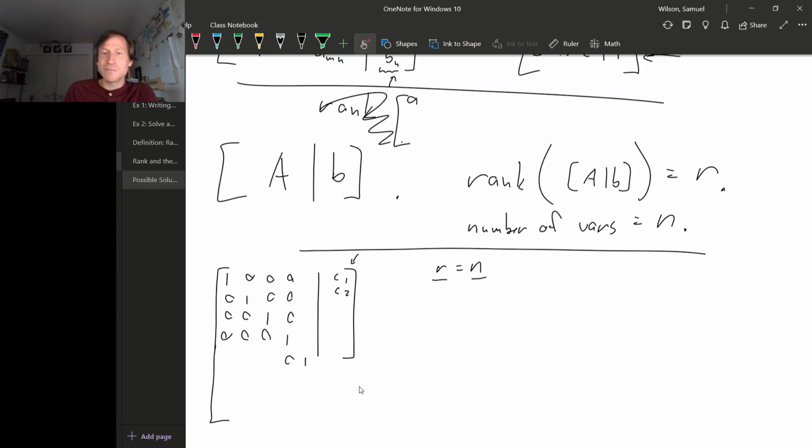Now it's possible that there could be some rows that don't have any leading 1s, but if every column has a leading 1, any row that doesn't have any leading 1 doesn't have anything, so it's all zeros. Like this. And then finally, what about the augmented column for these rows with zeros? Well, we're assuming that there is at least one solution, but for there to be at least one solution, we have to have zeros here.